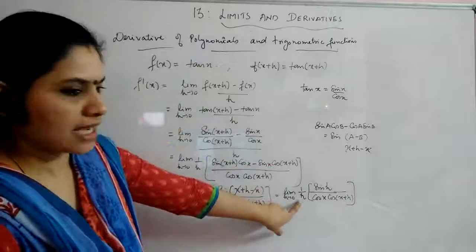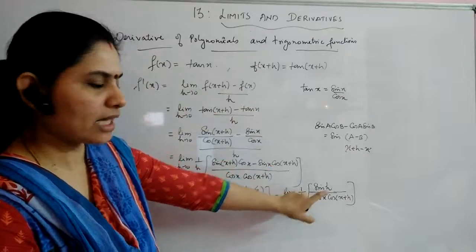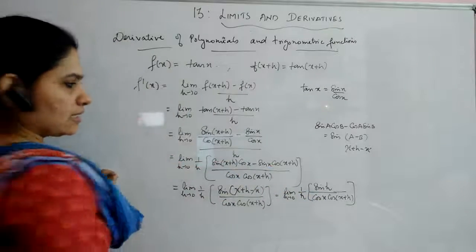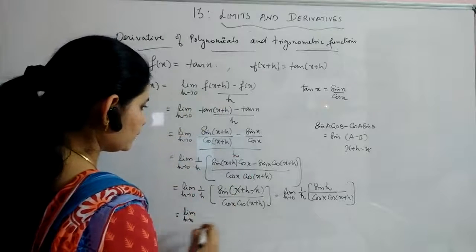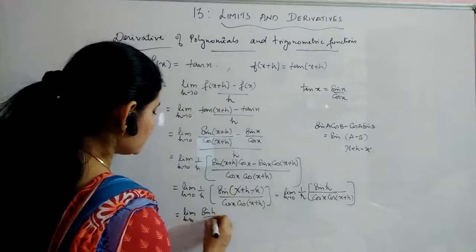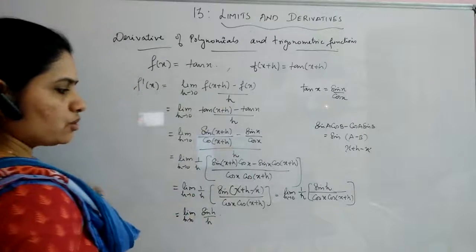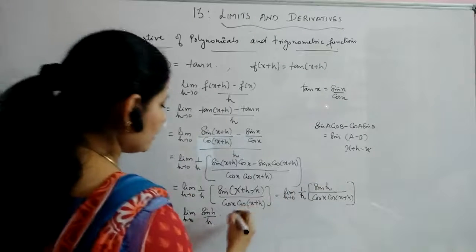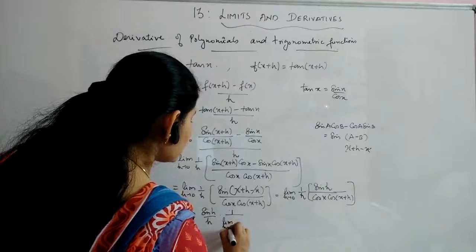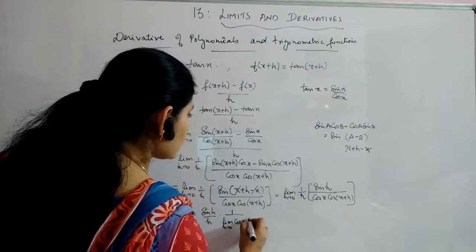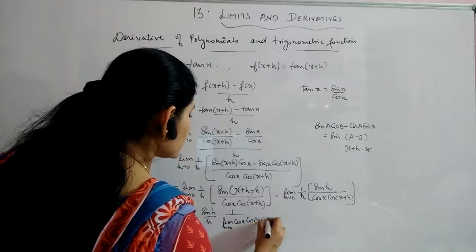Now we will take this h together with sin, so that we can use the limit identity, which is equal to limit h tends to 0 sin h by h into, again for the denominator separately we can give 1 by limit h tends to 0 cos x into cos of x plus h.